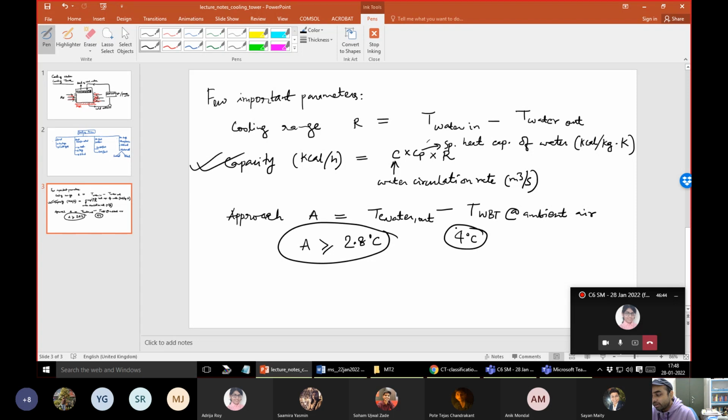There is one more term which is known as the effectiveness of the cooling tower. Right? It is given by the range divided by range plus approach. So if I try to put this in terms of the temperatures, so this is water in, water out.